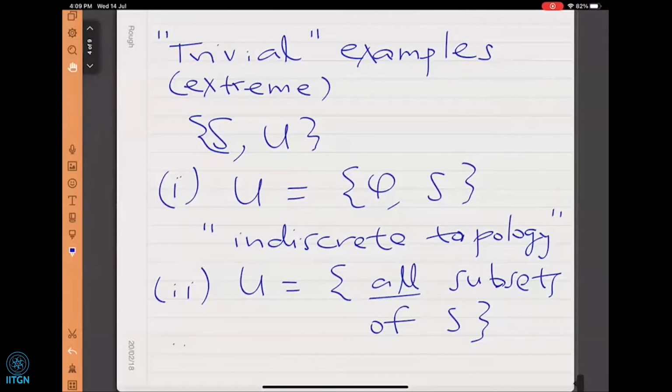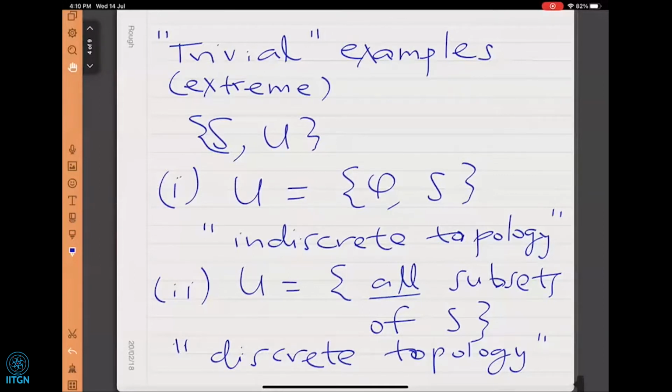And this is called the discrete topology. Now, these are important points of reference because they give us examples which we can apply to pretty much anything. So whenever anybody gets this in their head that there's only one possible topology on my space, you can always tell them, no, try the discrete topology. For example, on R, where we discussed the usual topology, we can also define the indiscrete and the discrete topology.